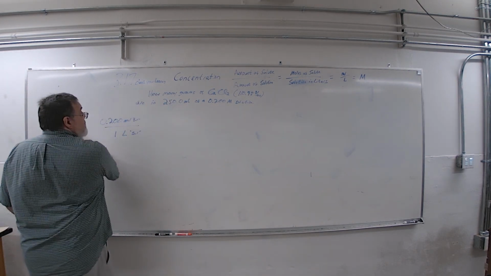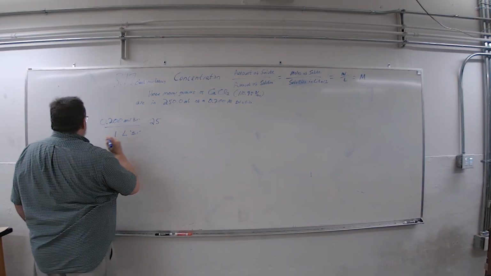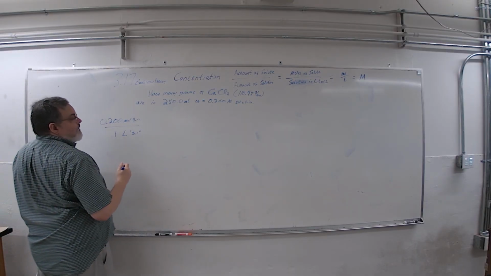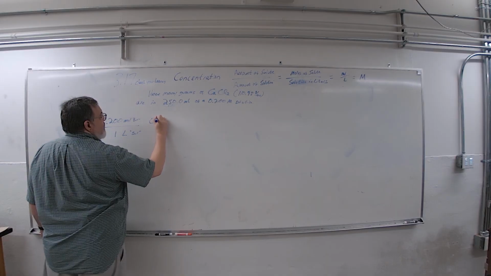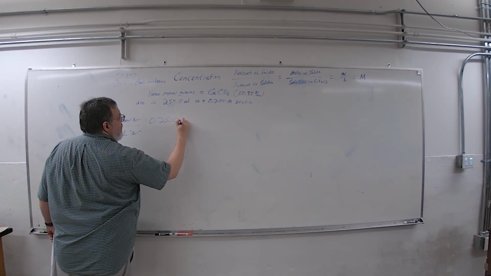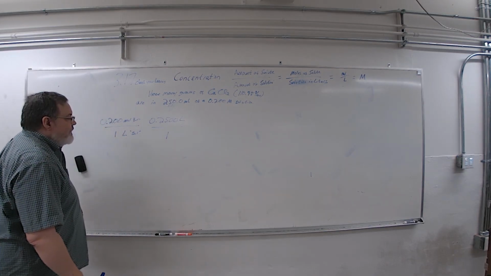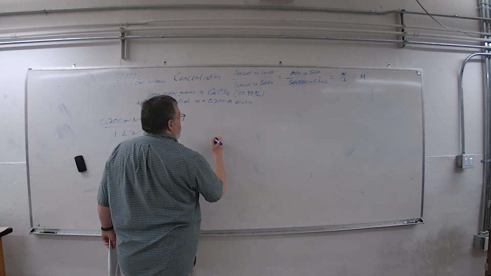How many liters do we have? We have 250. Do you want to move the decimal, or should I put a conversion factor? 1, 2, 3, 0.2500 liters. And then we're going to use the grams per mole.